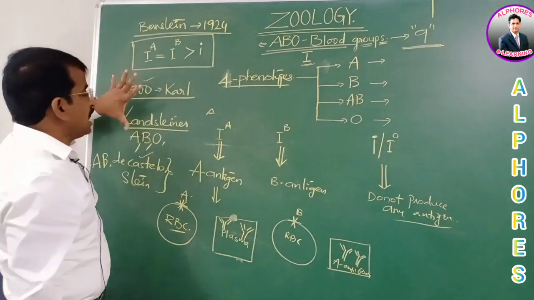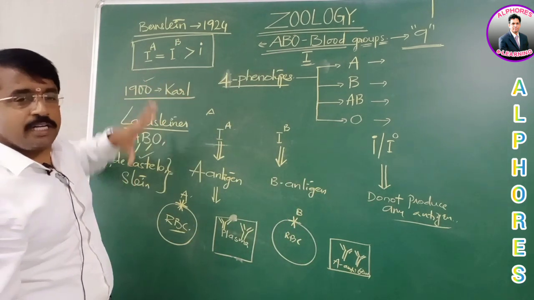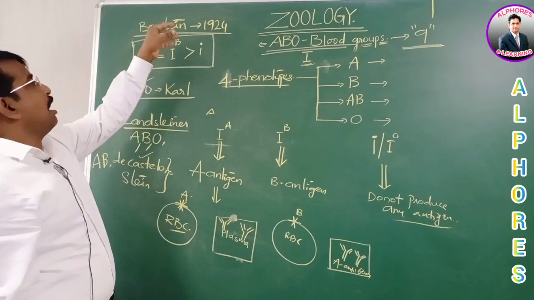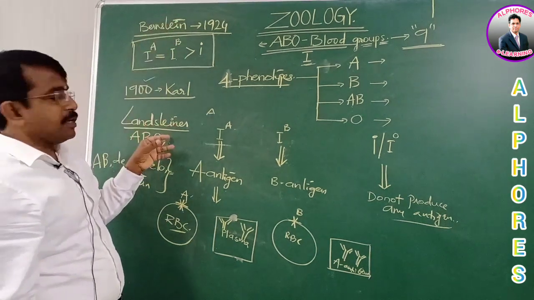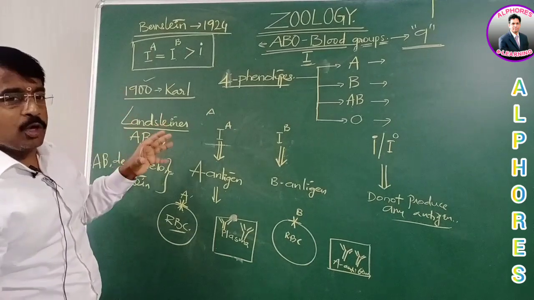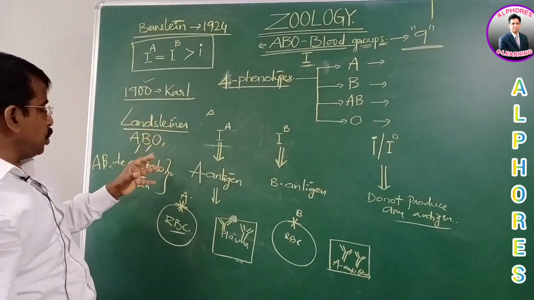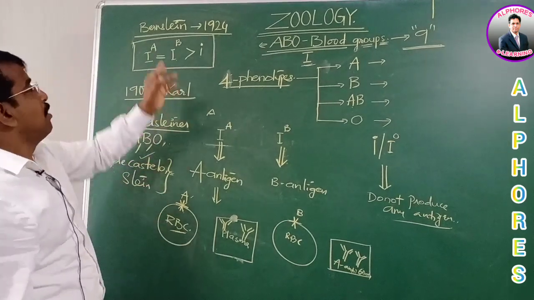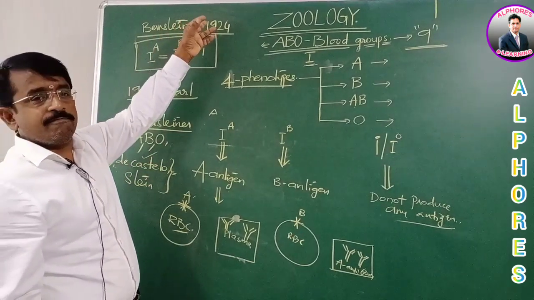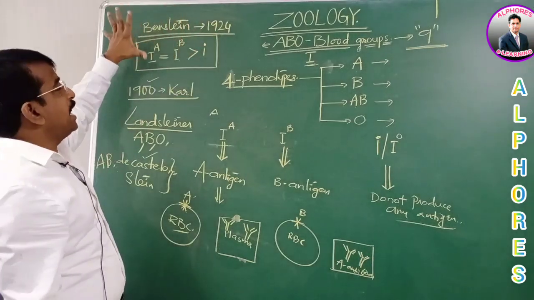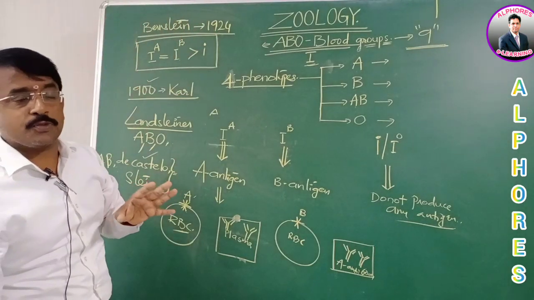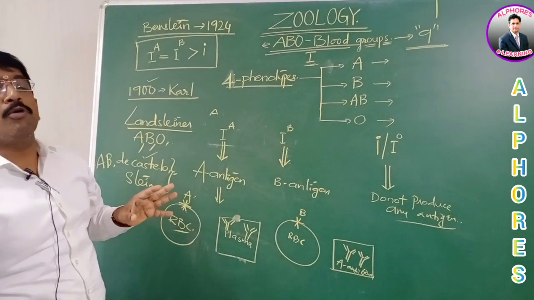So, this is the description related to the scientists. Karl Landsteiner is related to the discovery of the ABO blood group. De Castello, Sturli discovered AB, and Bernstein identified there are 3 alleles responsible for the inheritance of the ABO blood grouping system.